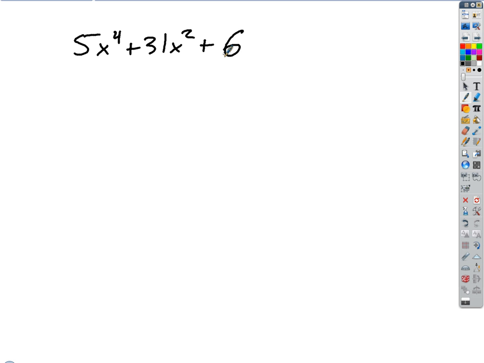No, so I'm stuck. I'm stuck with an A times C then split B problem. Worst case scenario, perfect storm. So what is AC? Say it again. 30. Okay, what two numbers multiply to AC and add to B? 30 and 1. Okay, so what's that mean? How do we split B in this problem?